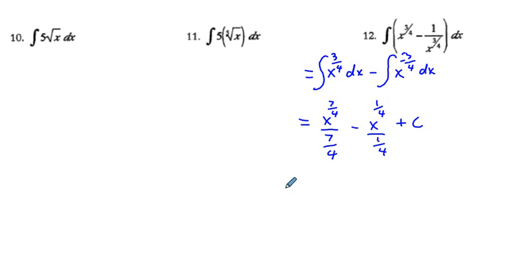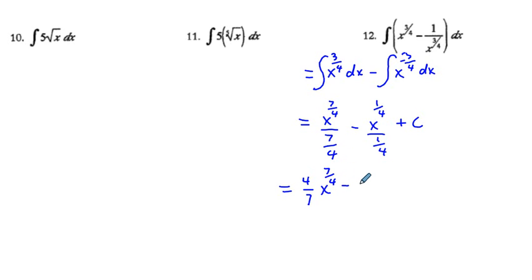And now, going back to our 7th grade math, dividing by a fraction is the same as multiplying by a reciprocal. So this divided by 7/4 becomes multiplied by 4/7, and we have x to the 7/4 power. And then we have this other one here.